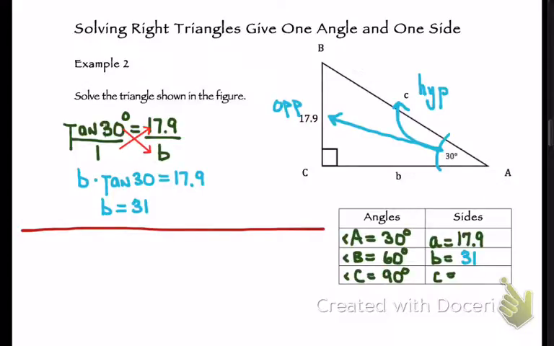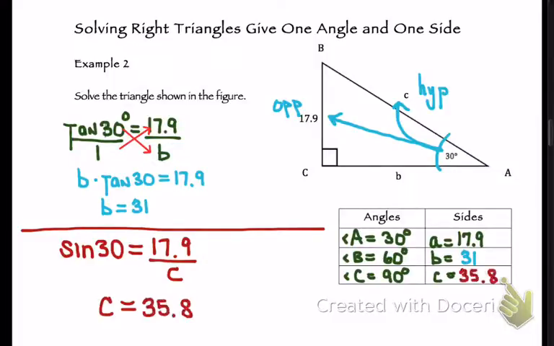So now, in terms of this triangle, I have opposite and hypotenuse. Which trig identity uses opposite and hypotenuse? You should be saying to yourself that, well, the sine uses opposite over hypotenuse. So the sine of 30 degrees equals opposite over hypotenuse.